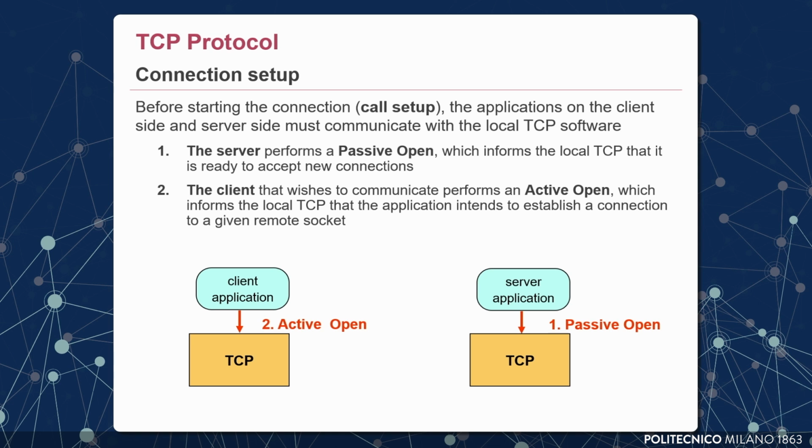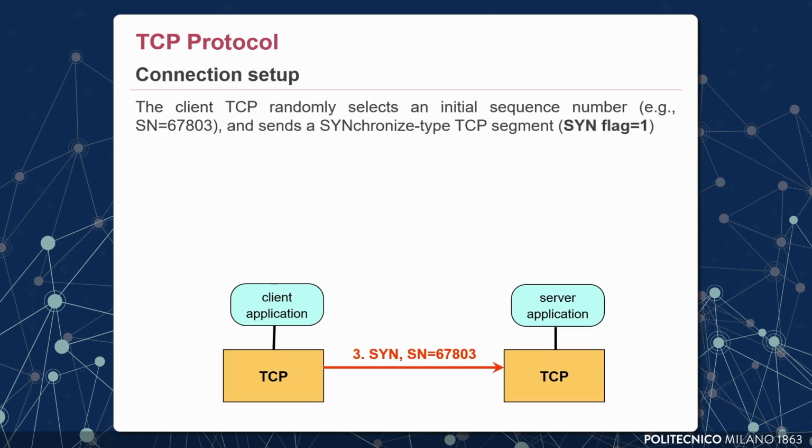Once the passive open and the active open are performed on the server and the client side respectively, the third step is that the TCP will randomly select an initial sequence number. So from the client side, the client will send a segment in which the SN, which stands for sequence number, is set to a random value, and it will send a synchronize type of TCP segment.